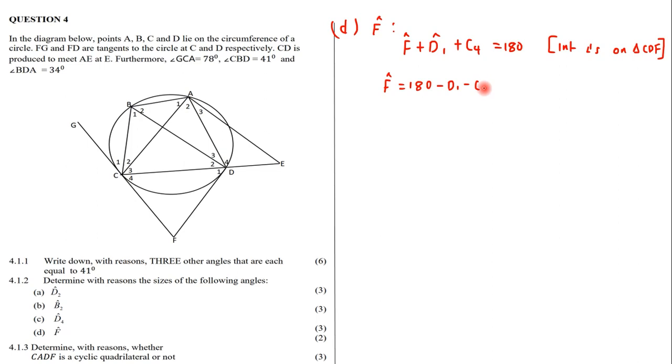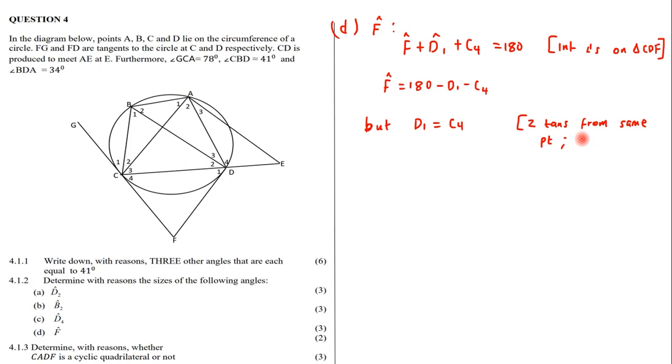Now D1 and C4 are equal, right? This is because of two tangents from the same point.